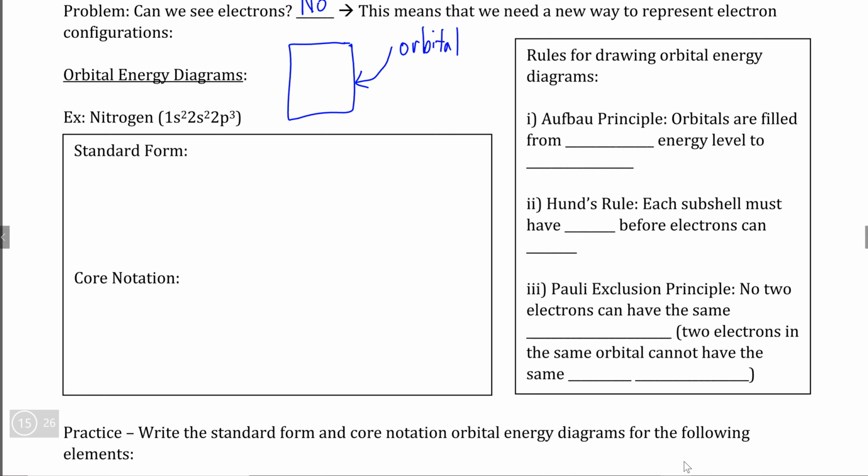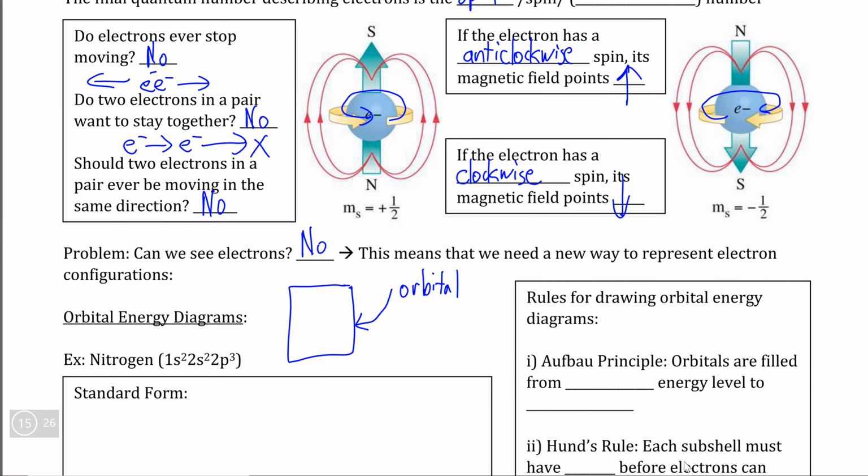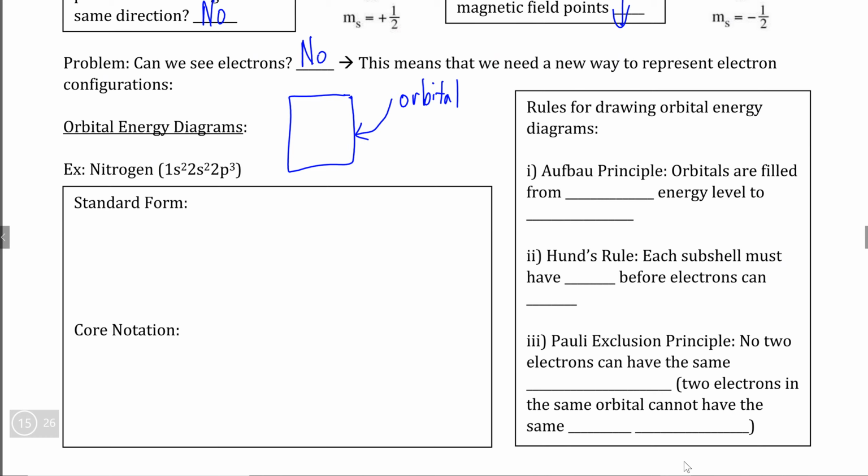So, as we've determined, electrons that exist within an orbital should never be moving in the same direction, which means their magnetic fields should not point in the same direction. So if this orbital had a pair of electrons in it, one of them would have a top spin, and one of them would have a backspin, showing that they're moving in opposite directions.